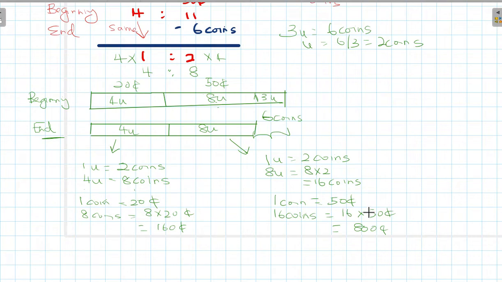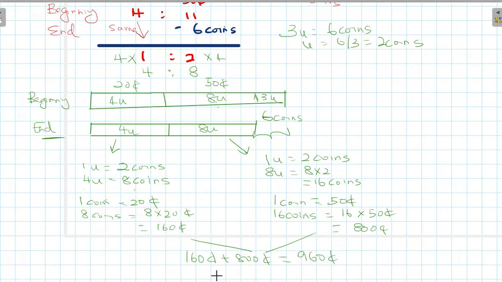Okay, let's punch in the calculator. I hope that you're doing along as well. The total money I have is 160 cents plus 800 cents, which will be 960 cents.